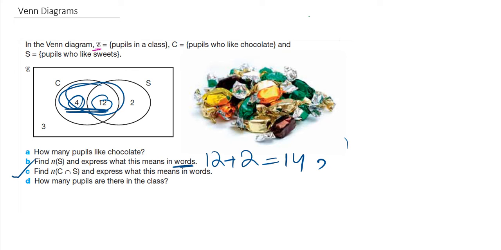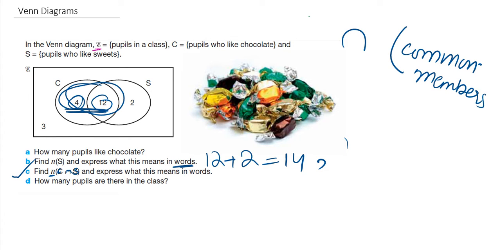All right, the C part: the number of C intersection S. In an intersection, you know that we write only the common elements, the common members of those sets. So you already know that the number of common elements is 12 over here.